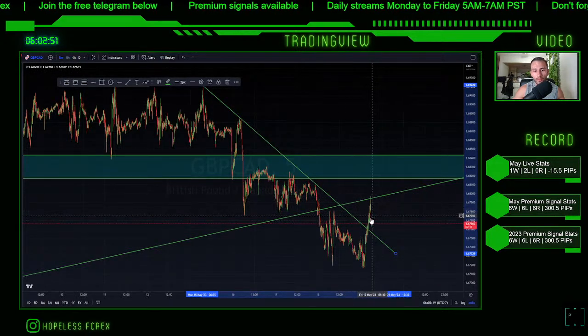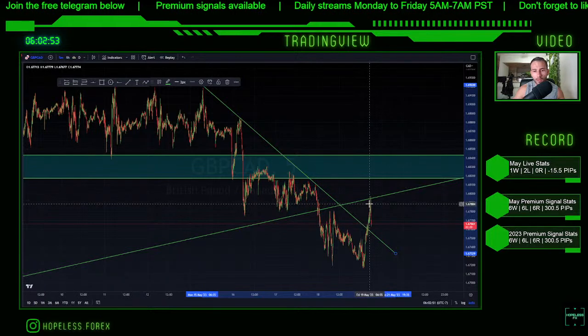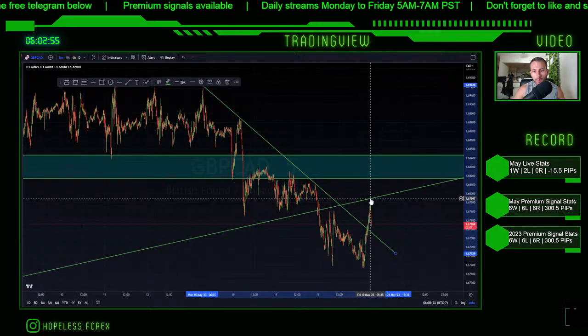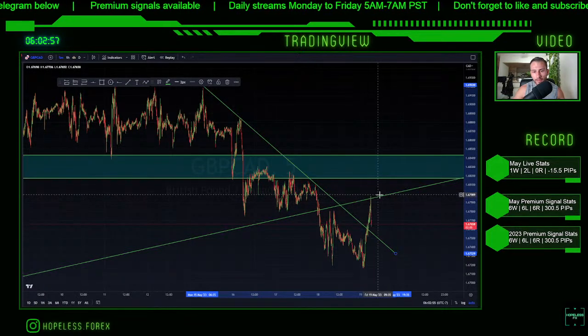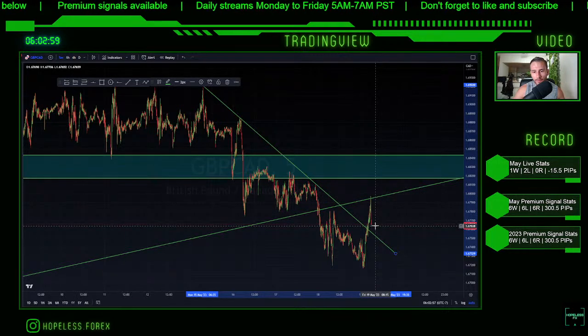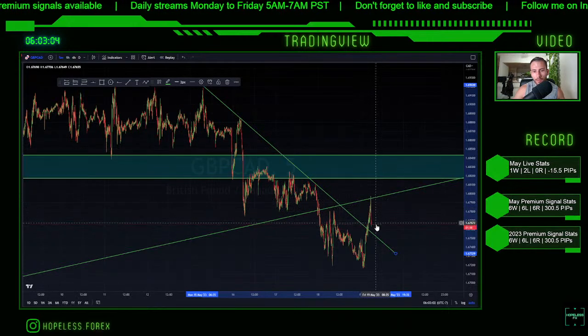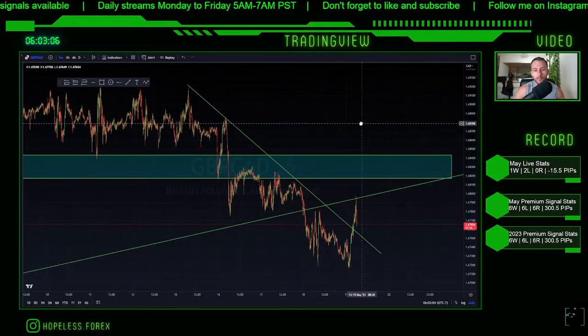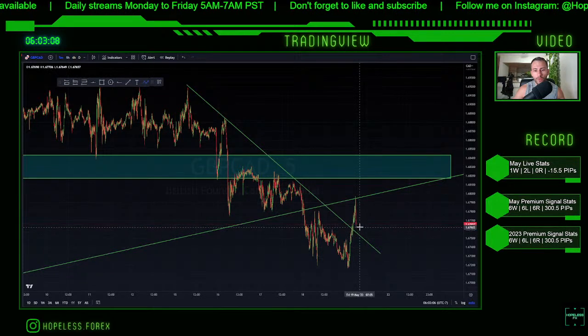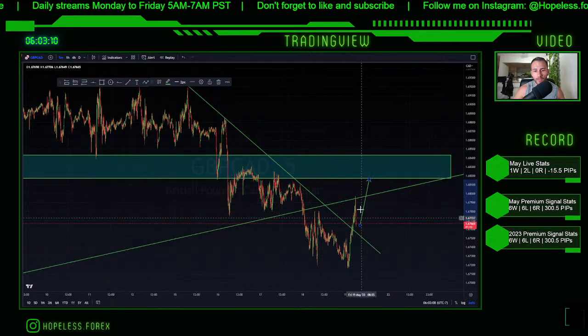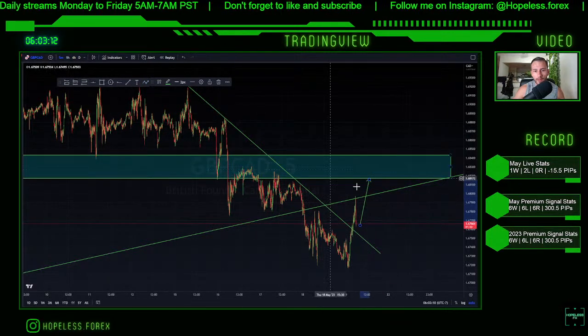We have a trend line break, but it's broken pretty far. 6.8 roughly down to 6.76, so like a 40 pip range here. I'm only saying this because if price bounces and goes up, it could be a good opportunity for a buy.